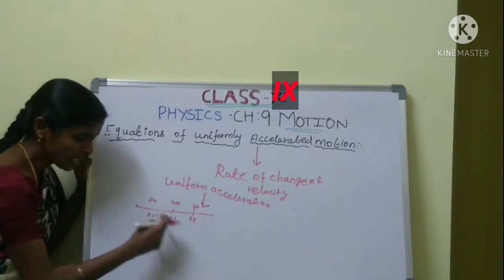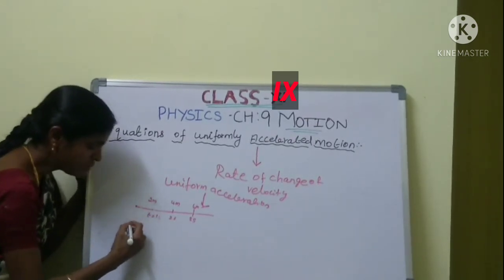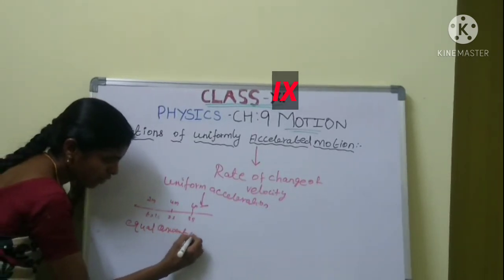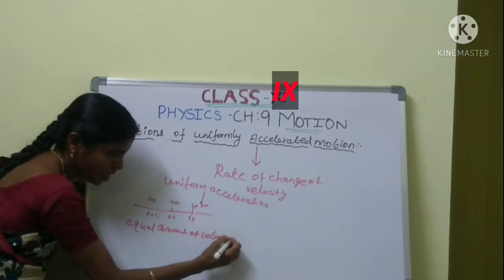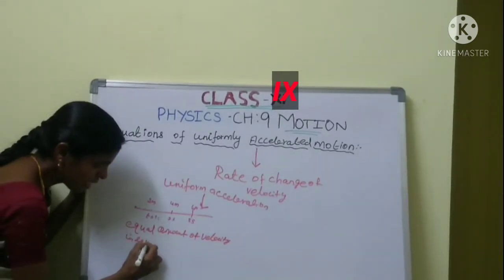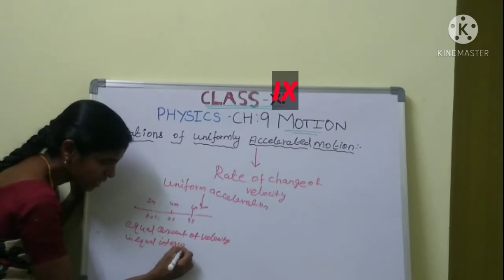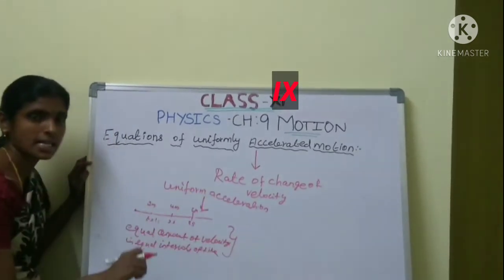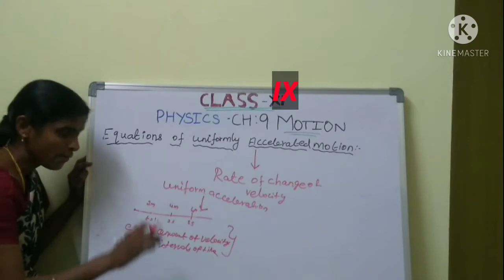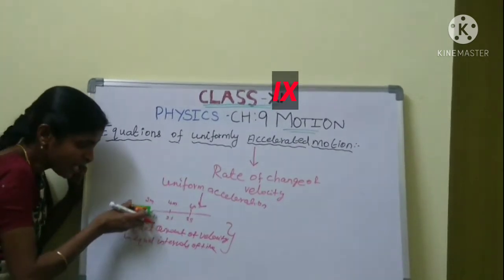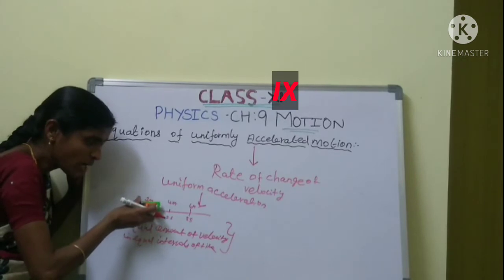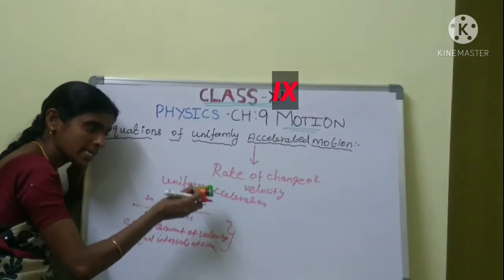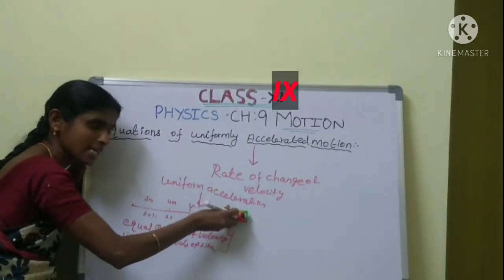Here the car moves an equal amount of velocity in equal intervals of time. This is called uniformly accelerated motion. Whenever an object moves with an equal amount of velocity in equal intervals of time, the car has uniformly accelerated motion.